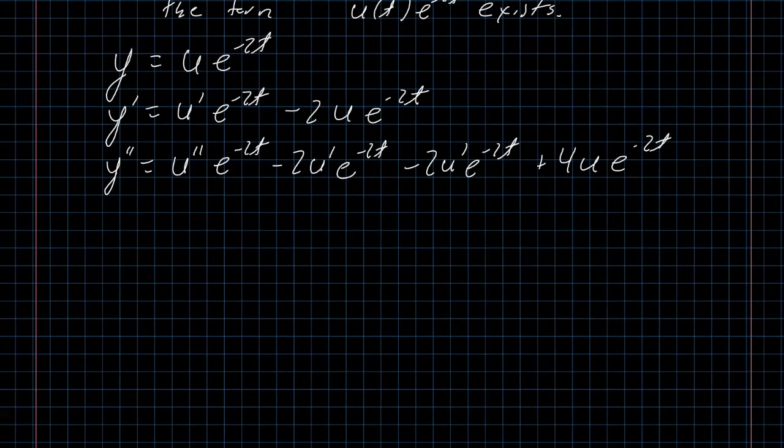Combining some like terms there. And actually, let's factor out, I'll do it in 2 steps. But if I factor out the e^(-2t), my life is going to be a lot easier.